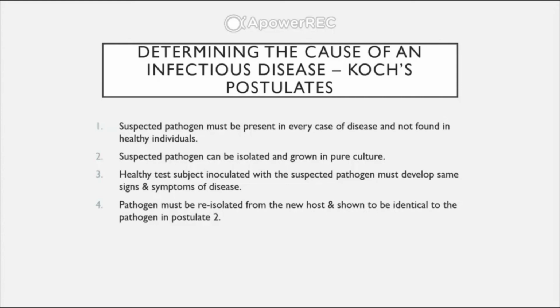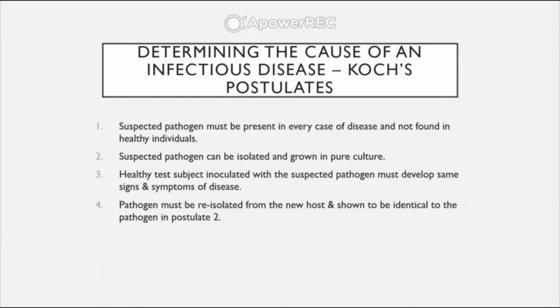Second of all, not all pathogens are culturable in the lab. If you recall, about 99.99% of pathogens we cannot grow in the lab. As many of these pathogens can be fastidious organisms, they can be very difficult to grow in the lab.